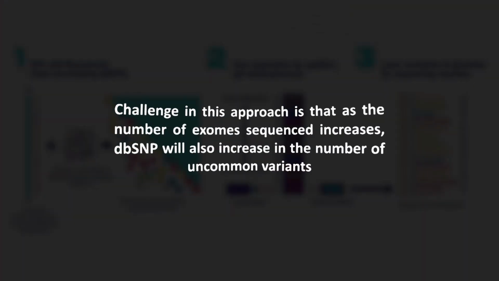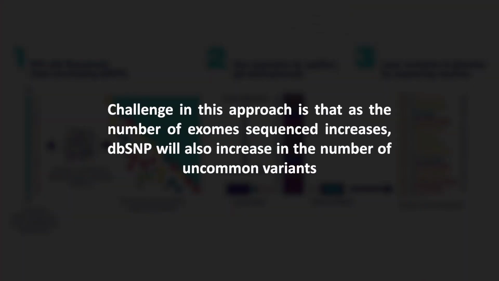Using lists of common variation from a studied exome or genome-wide sequenced individual would be more reliable. A challenge in this approach is that as the number of exomes sequenced increases, dbSNP will also increase in the number of uncommon variants. It will be necessary to develop a threshold to define the common variants that are unlikely to be associated with a disease phenotype.